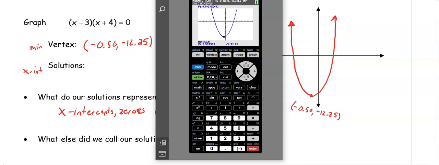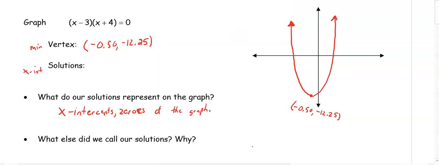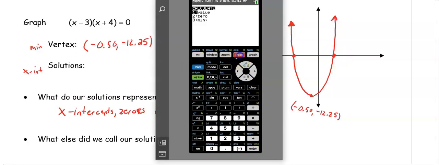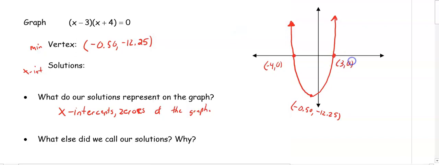So to find those, we're going to do second, trace 5 for intersection. We're going to move to our first point, enter 3 times, and that's going to be -4, 0. And we're going to do it again for our second point, second trace 5, move to the right, enter 3 times, and that's going to be 3, 0.